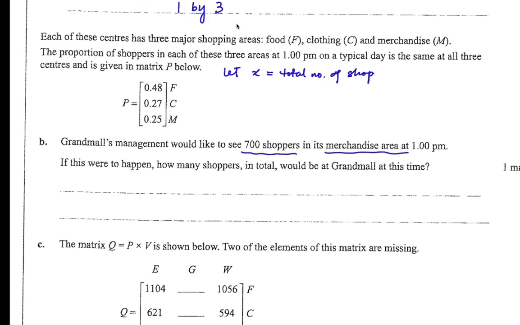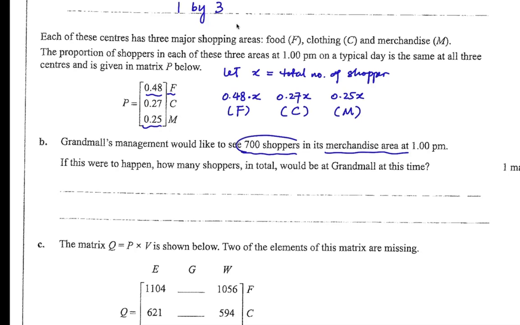And we can use the ratio to figure out each part. For example, in the food area, there will be 48%, which is 0.48 times X. That's in the food area. In the clothing area, I would say it's 0.27X, and that is C. Finally, this one is the one we want to figure out. 0.25 times X will be in the merchandise area.